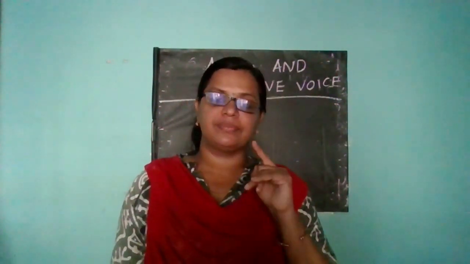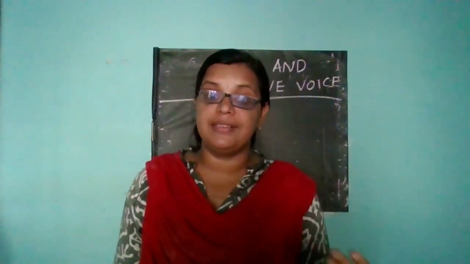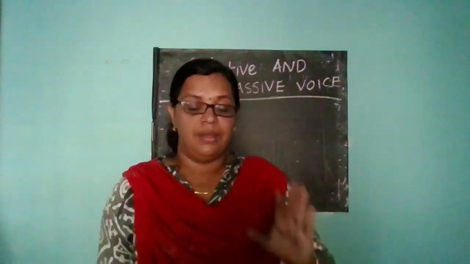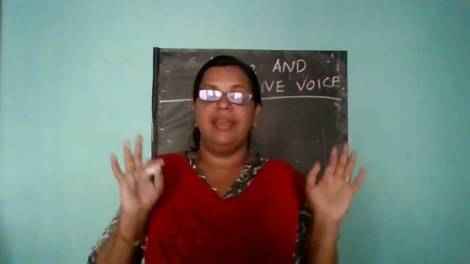Remember one thing, future continuous tense cannot be expressed in passive form. Future continuous tense does not have a passive form. So only the remaining 8 tenses have passive form.